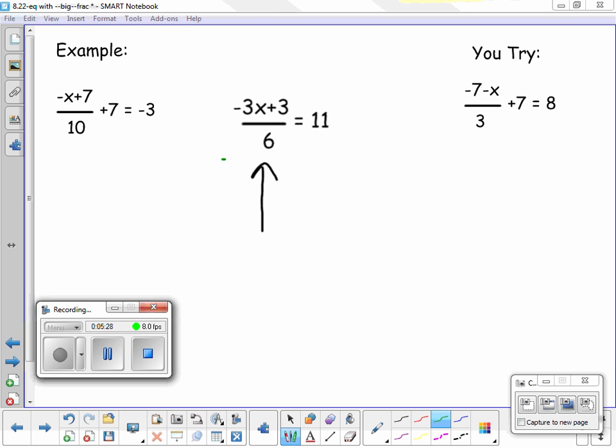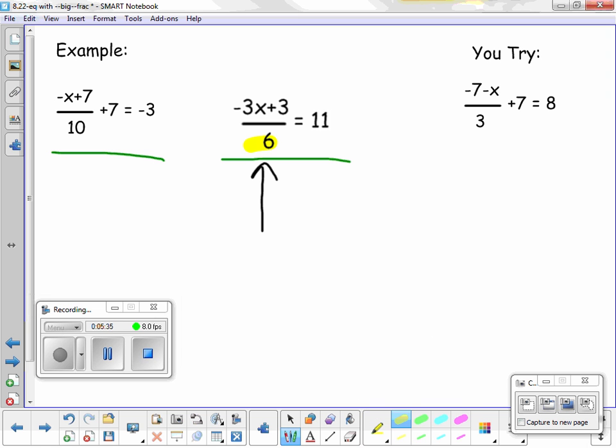What's the difference between this problem and this problem? Well, if you notice, I have a big fraction here on the previous problem. I have a big fraction here. I have a simple number to the right of the equals and a number to the right of the equals.